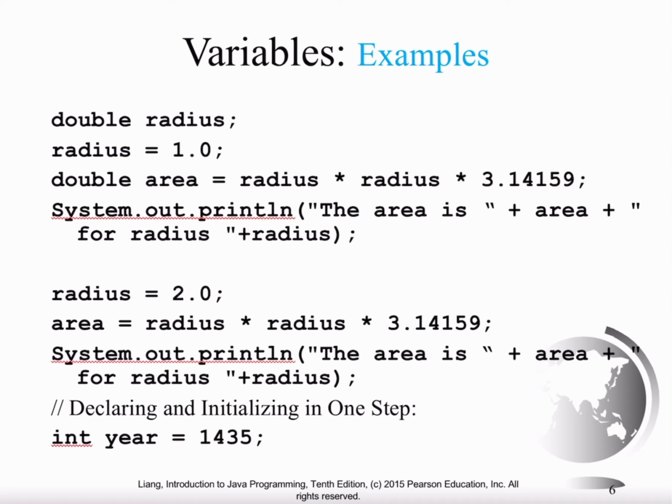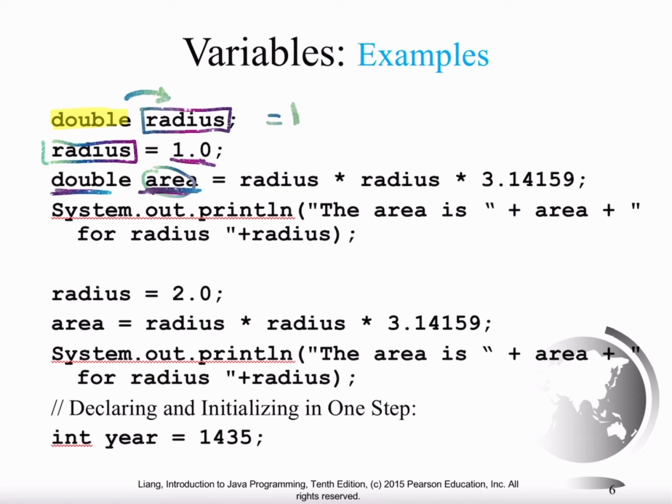Let's see this example here. For example, we have the data type double declared as radius. So radius is equal to 1. So double radius is equal to 1. And here you have the area. So double area. Here is our data type, and this is our declaration. This is our identifier.